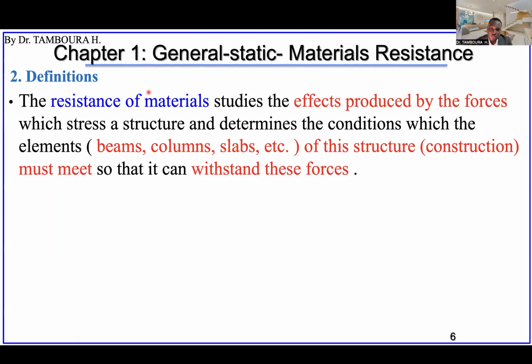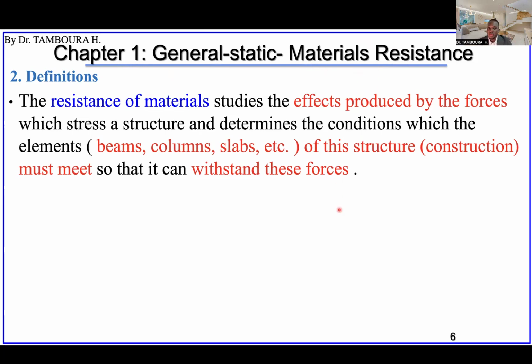It allows us to determine the conditions which the elements of our structure, meaning slab, column, or beams, must meet so that they can stand the forces coming on them. This is the meaning of resistance of material.